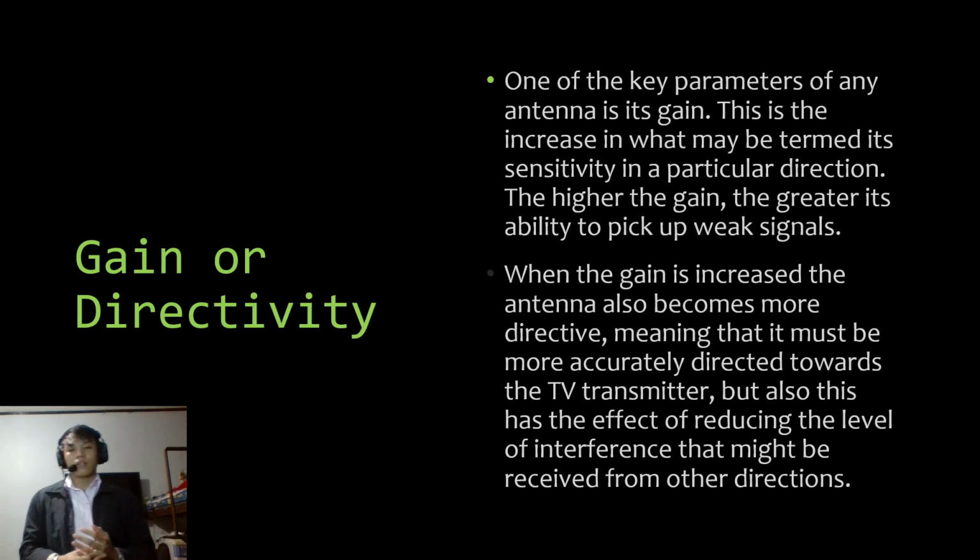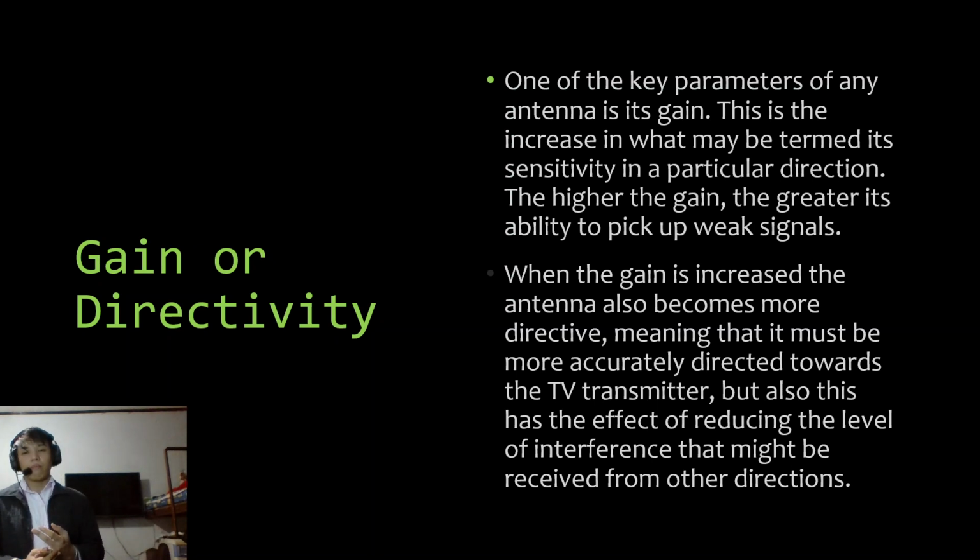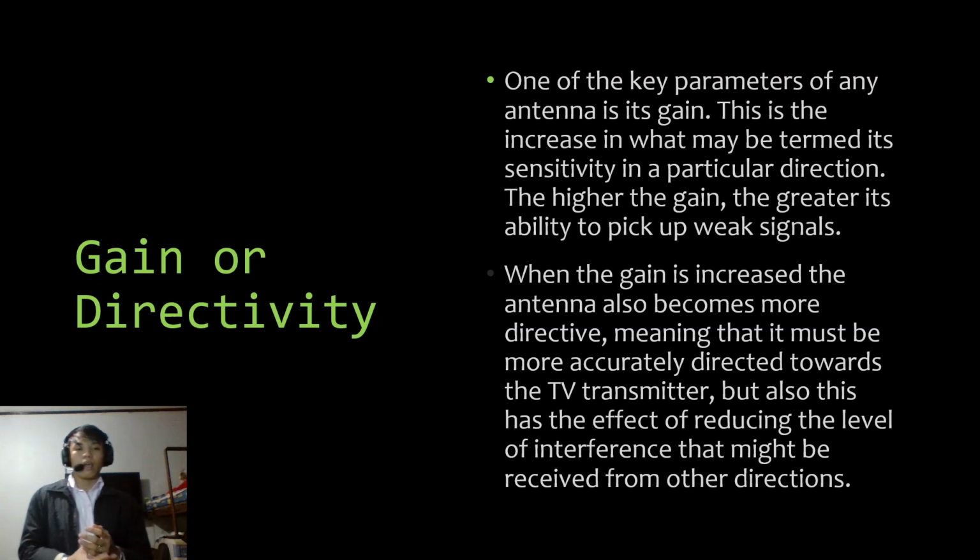So the next factor that we need to consider when buying or selecting an antenna is the gain or the directivity. So one of the key parameters of any antenna is its gain. This is the increase in what may be termed its sensitivity in a particular direction.